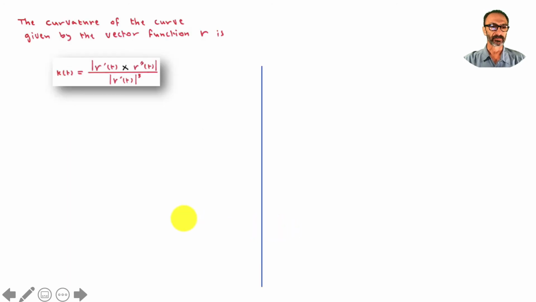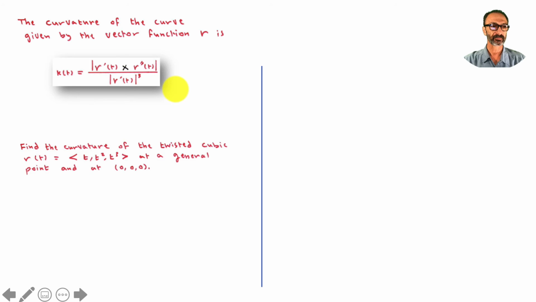The curvature of the curve given by the vector function r is, here's another formula. This is a cross product. As you can see, we have enough components right here, so it takes more work, but it's straightforward.